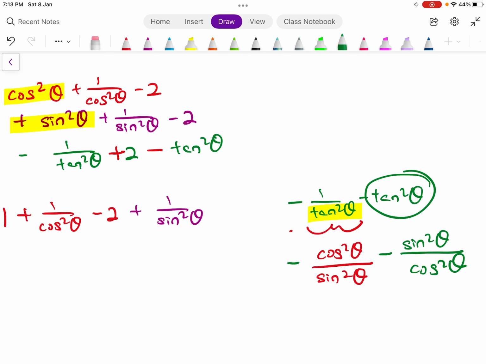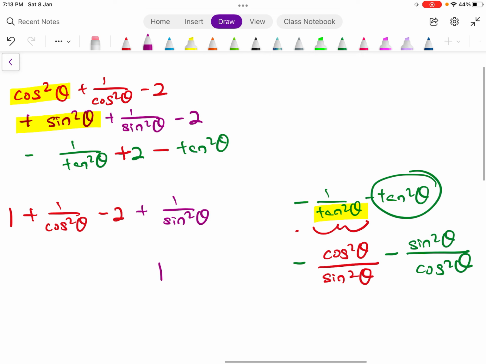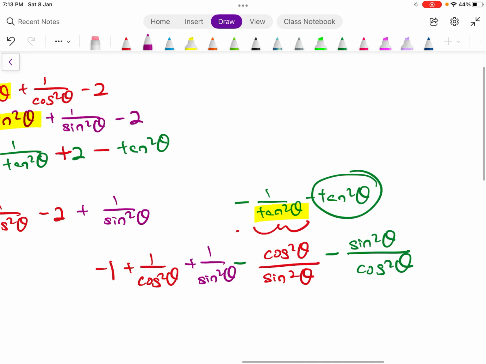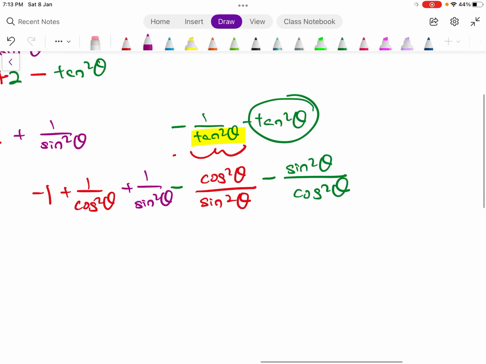Then let's manipulate further. 1 minus 2 is just negative 1, so minus 1 here. Then I put the 1 over cosine square theta, and of course plus 1 over sine square theta. Now let's add this with this.